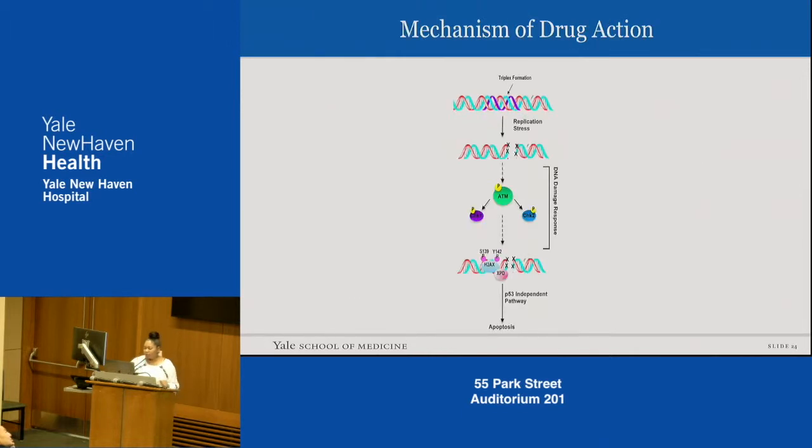So a working mechanism of action is that we can design triplexes specific to our gene of interest. This can lead through replication stress, we know this from other work that we've done, to double-strand breaks. These double-strand breaks activate the DNA damage response, leading to phosphorylation of ATM, Chk1, Chk2, and most importantly, this dual phosphorylation at both serine 139 and tyrosine 142 that activates a p53-independent pathway that is dependent on the presence of XPD.